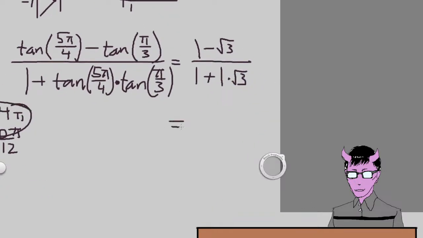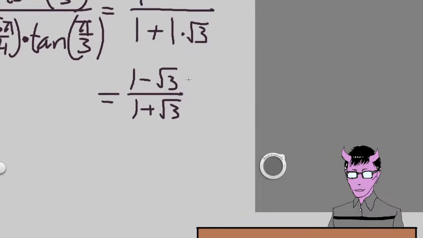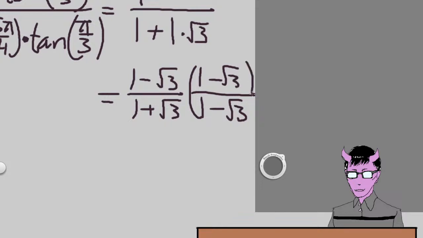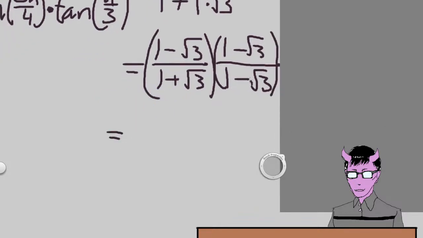Alright. Further simplifying, we have 1 minus root 3 over 1 plus root 3. We should probably rationalize, depending on teacher. Bottom portion, 1 times 1 is 1, and then positive times negative is negative.